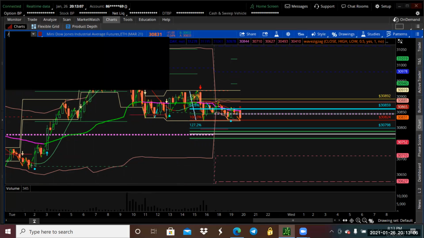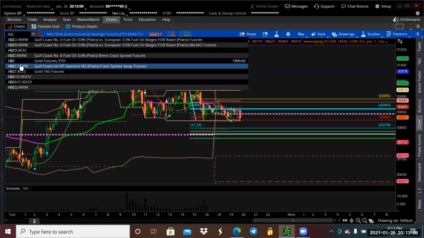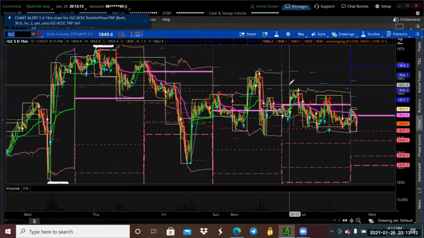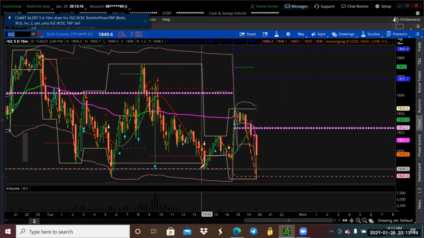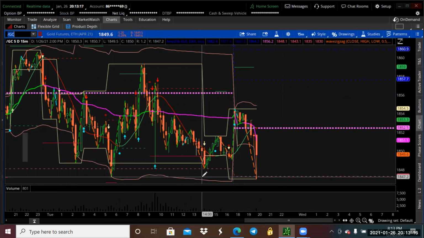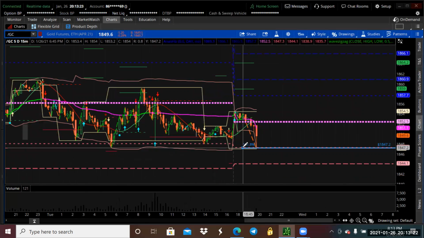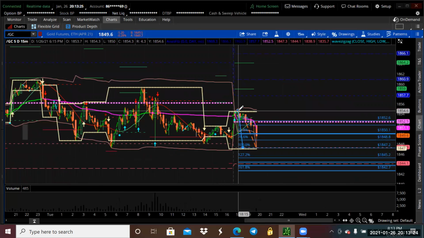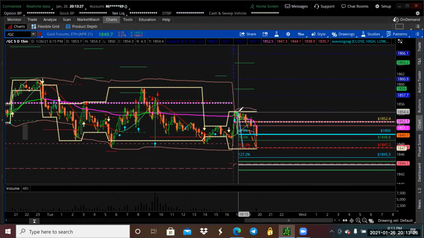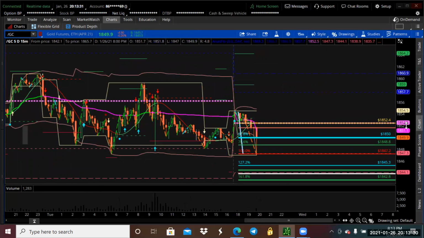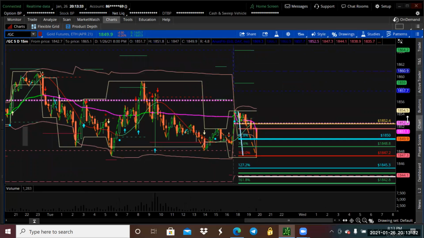Go to GC. GC, it's falling. So this one, it looks like it's bouncing from the 41, was it 47 area? But if we do a low to high here from where it bounced, I would target the 45 to 42 on GC.